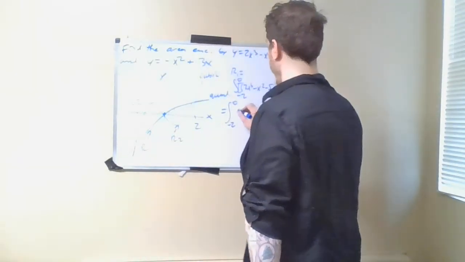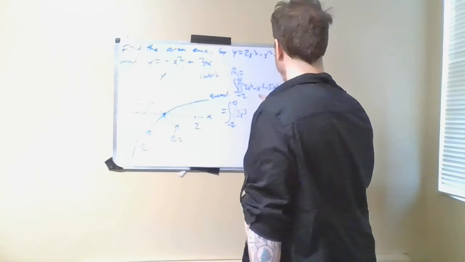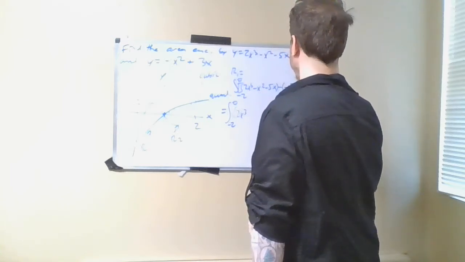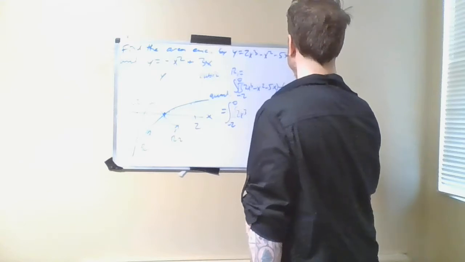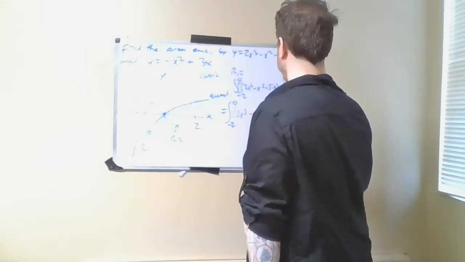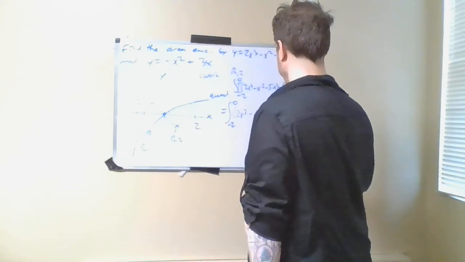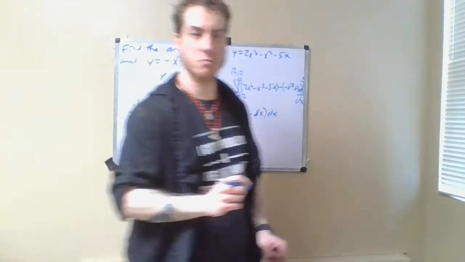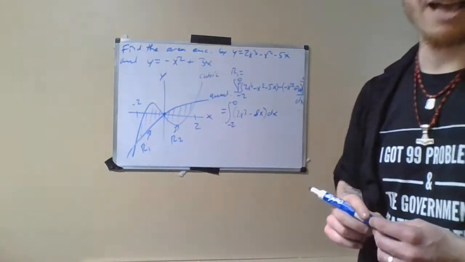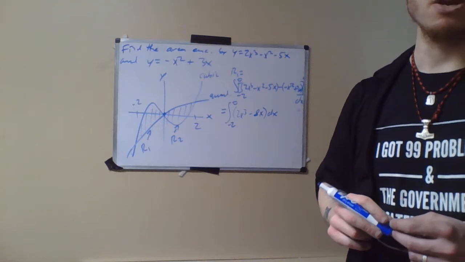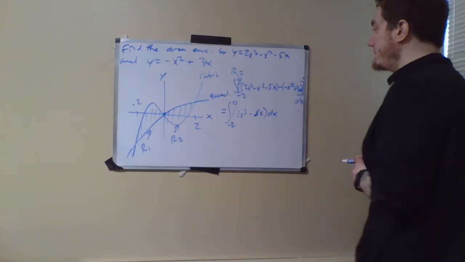Let's see, we're going to have 2x cubed and then minus x squared plus x squared. The x squareds cancel. And then minus 5x minus 3x gives me minus 8x. So that actually simplified a bit more than we might expect here. It's not actually as bad as you might fear that it would be, I don't think.